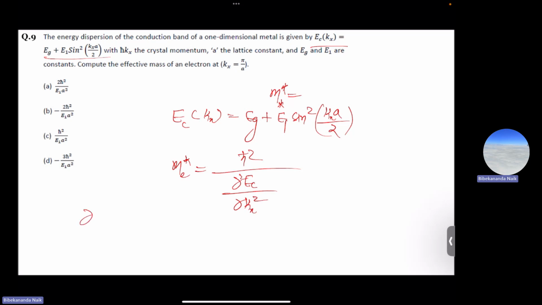So del E C by del k x will be 2 E 1 sine k x a by 2 into a by 2 into cos k x a by 2. Then del square E C by del k x square will be E 1 a by 2 cos k x a into a.